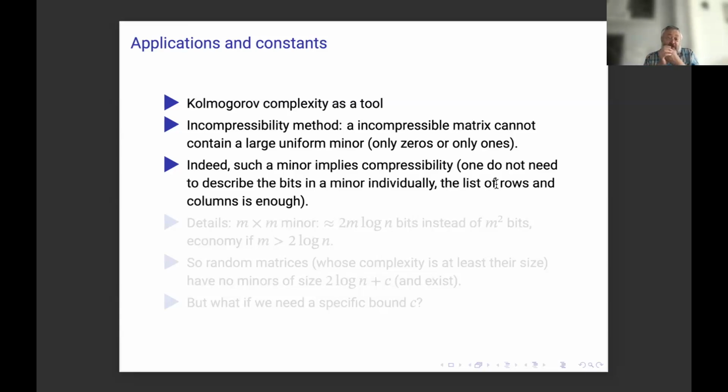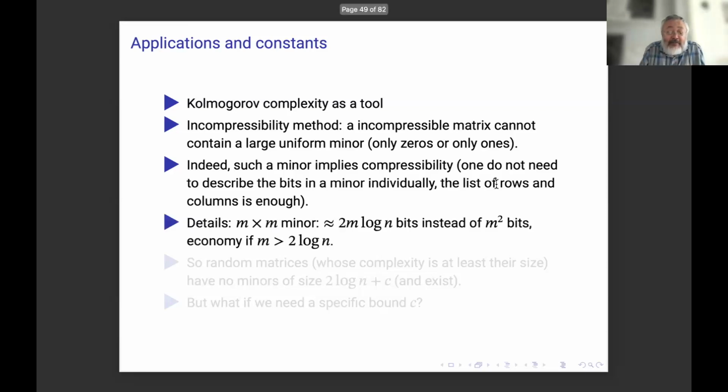If we want to specify the matrix, we don't need to specify the elements in these intersections of the rows and columns individually. We just say that all of them are zeros. Of course, what we need to specify are the rows and columns. But if the minor is big, this is still an economy. So if we have minors of size m times m in the matrix of size n times n, then for each row and for each column, we need log n bits.